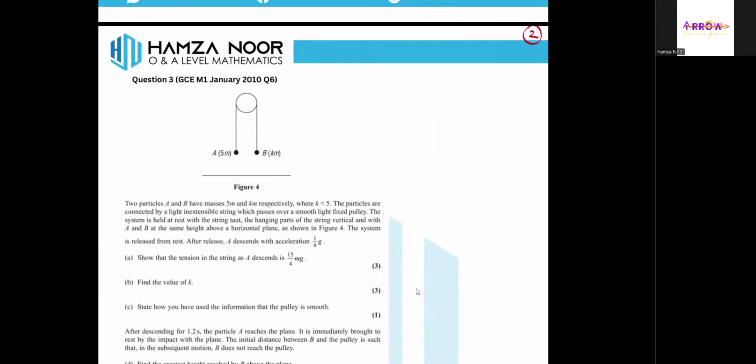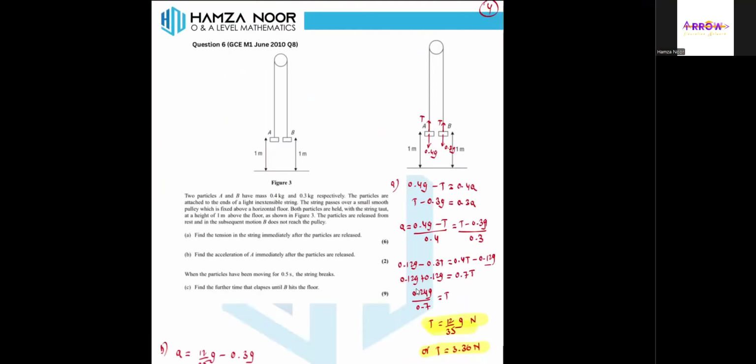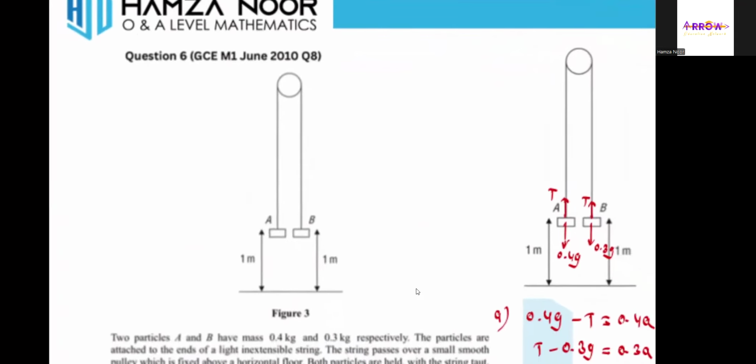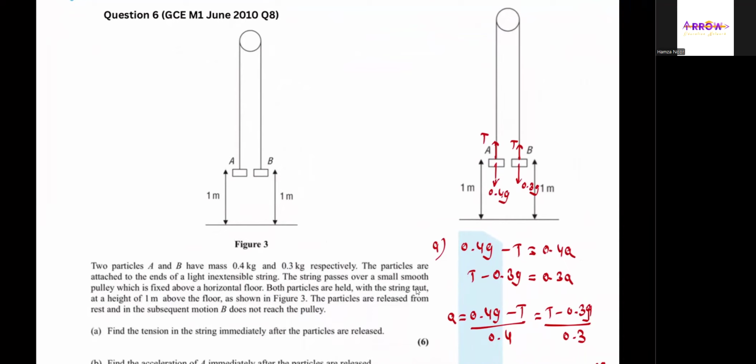After this, we have another question, which is handout question number 6, which is GCE M1 June 2010 question number 8. The question says that two particles A and B have mass 0.4 kg and 0.3 kg respectively.